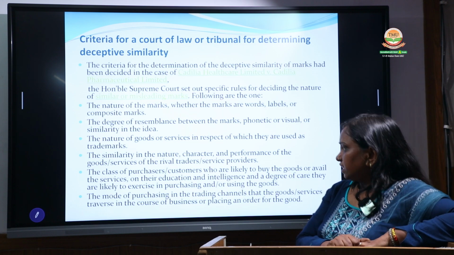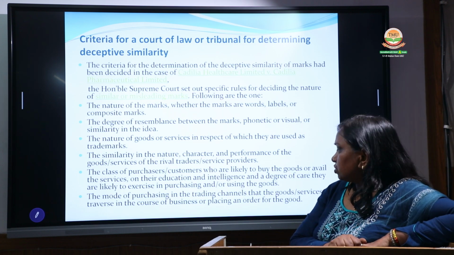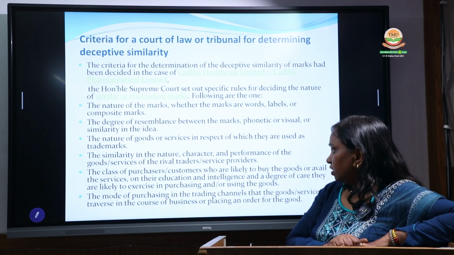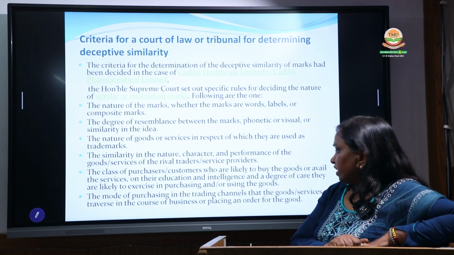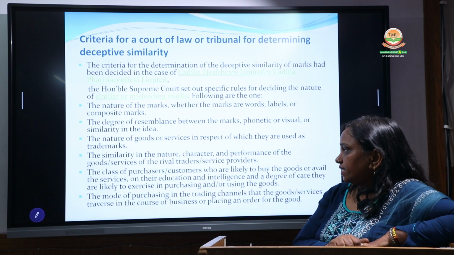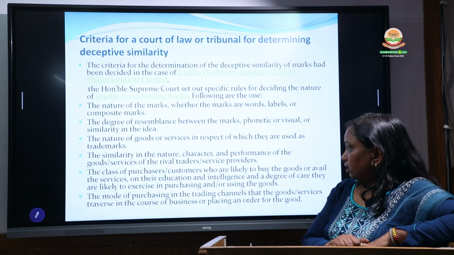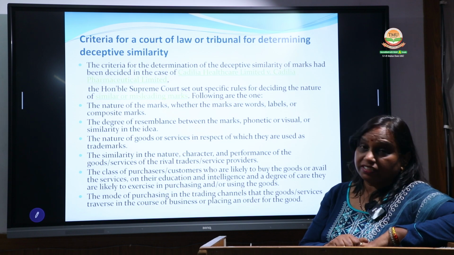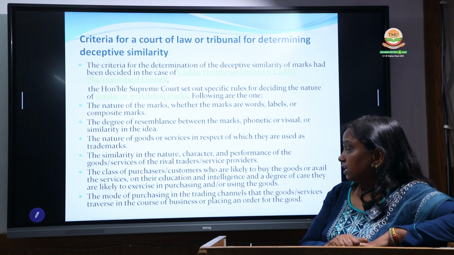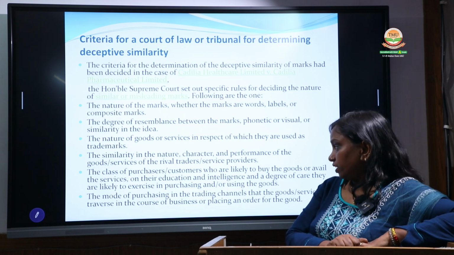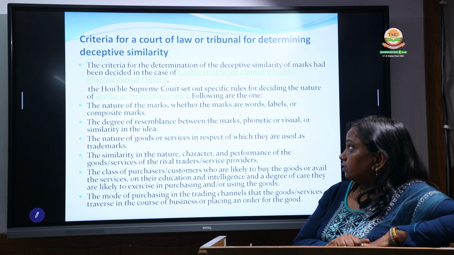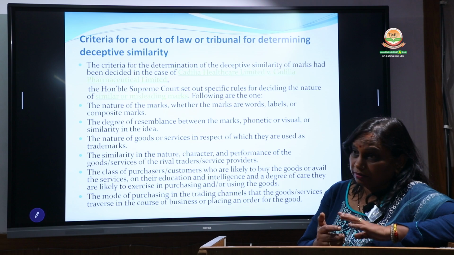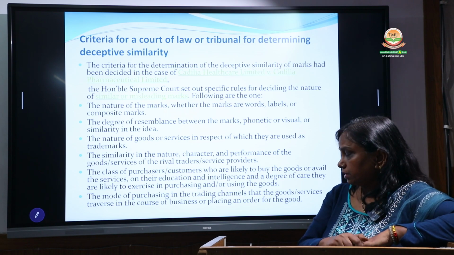The class of purchasers, customers who are likely to buy the goods or avail the services, their education and intelligence and degree of care they are likely to exercise in purchasing or using the goods. So the class of purchasers and the customers are also taken into account for considering whether the brand is deceptively similar or not.